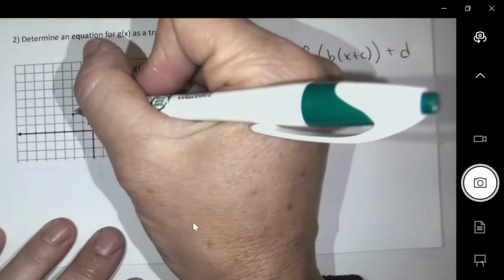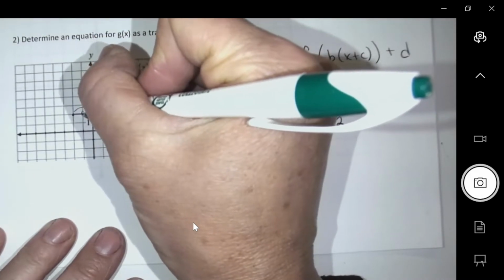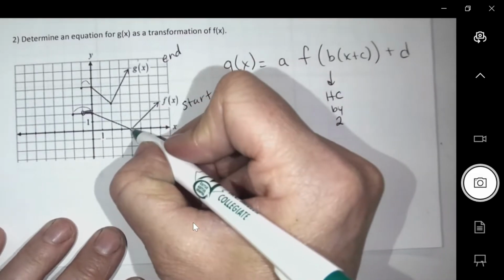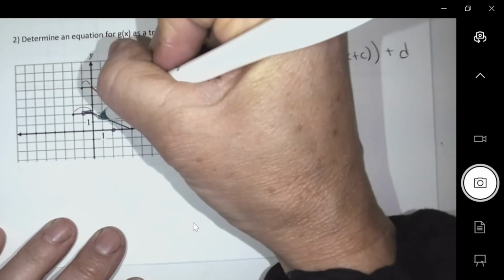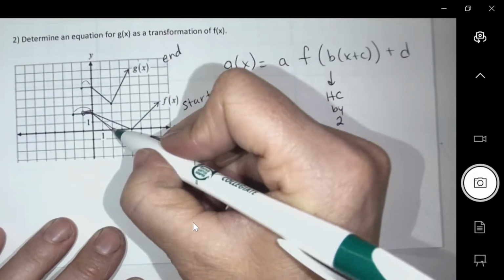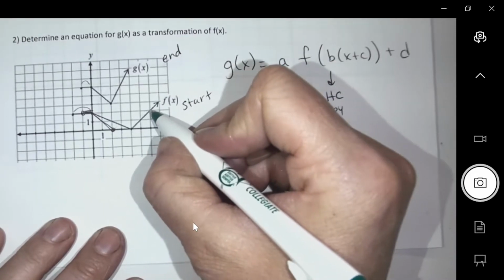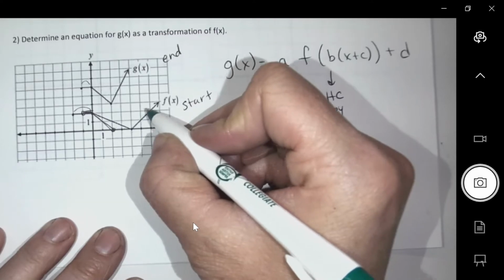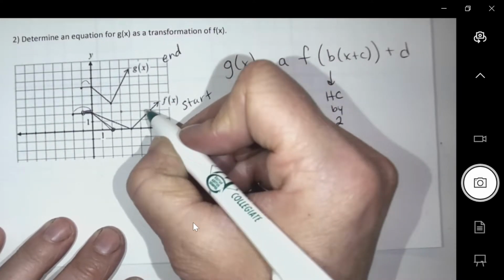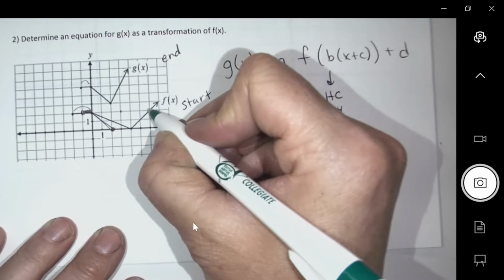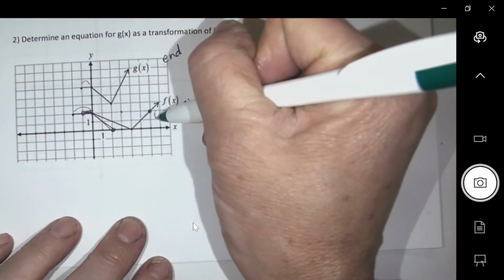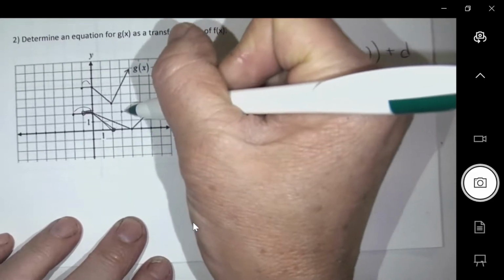Ready? This point, -2, would move there. 1, 2, 3, 4 would move here. And then I'm going to take another point, maybe like this one. So that is 6, 2.